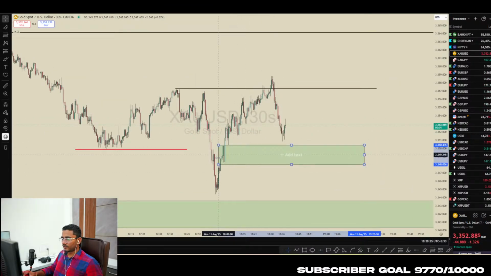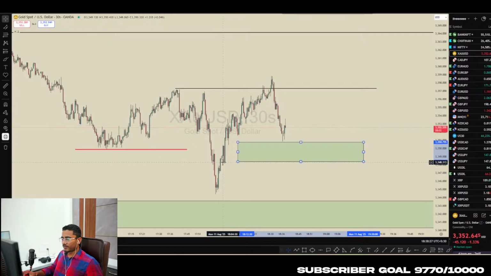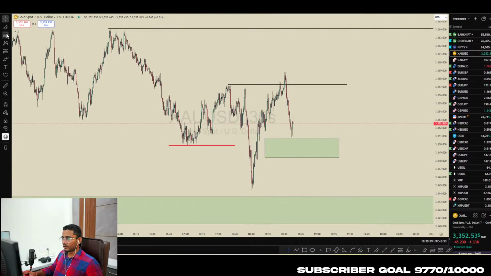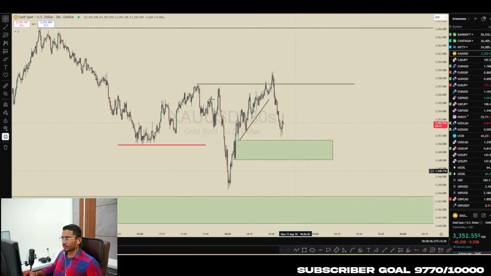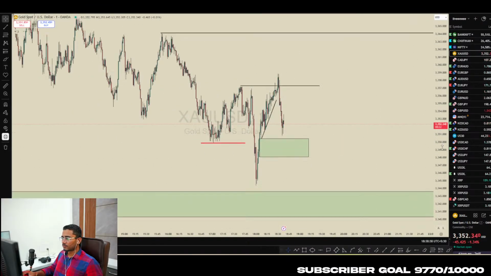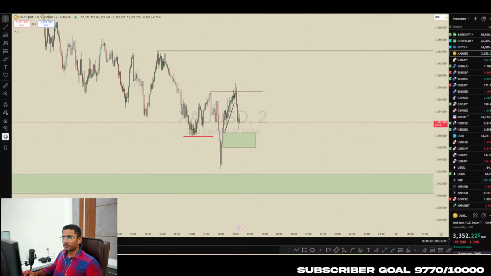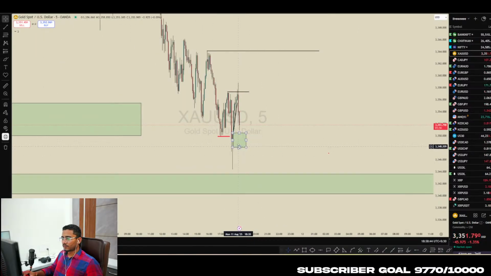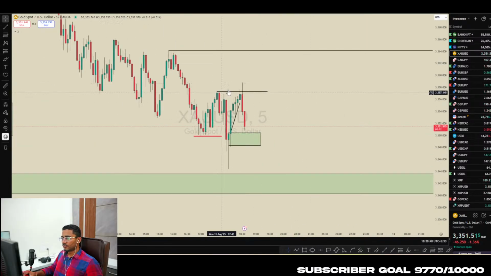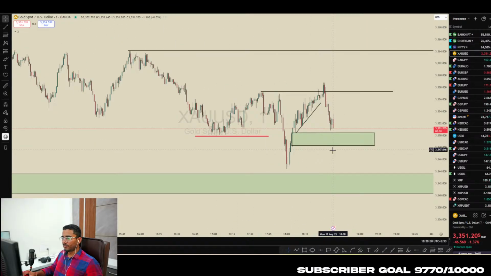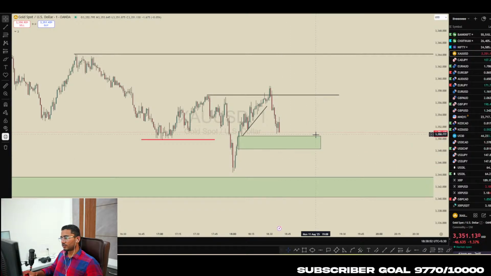So this is the candle which took out the previous lows, and all of this has been mitigated. This is the 5-minute candle. The structure has not broken with the candle body on 5 minutes. So let's see if price reacts.